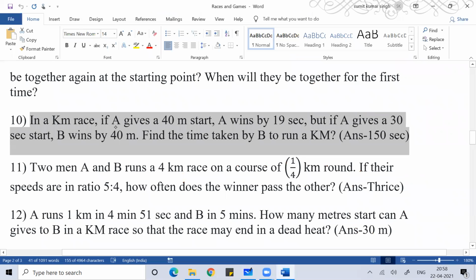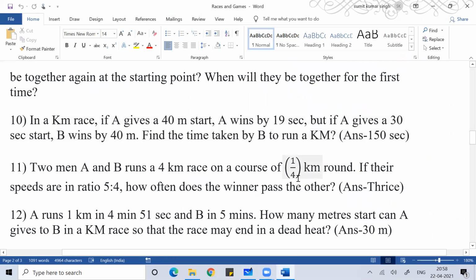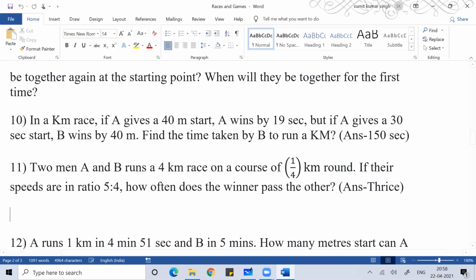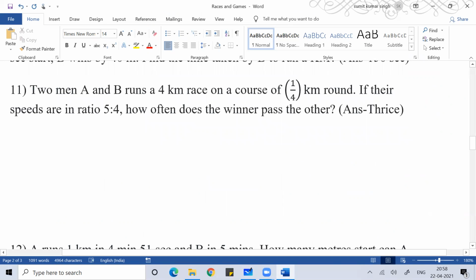Now if you see the next question, question number 11. Here it is given that two men A and B are running a 4 kilometer race on a course of 1 by 4 kilometer round.